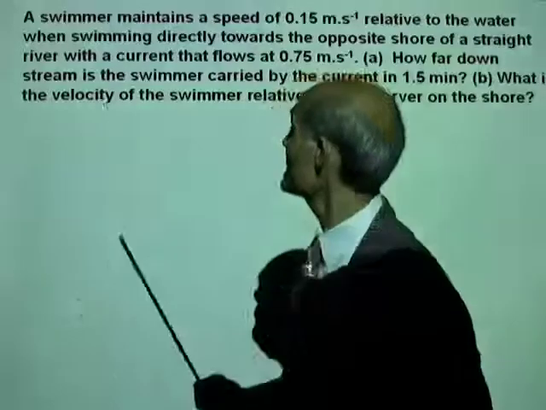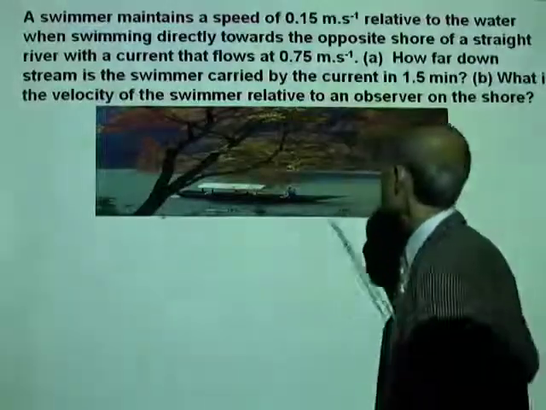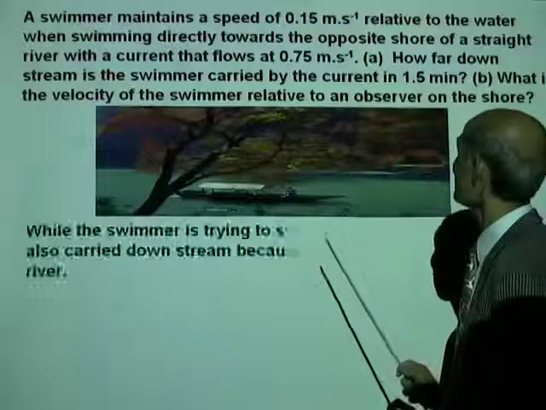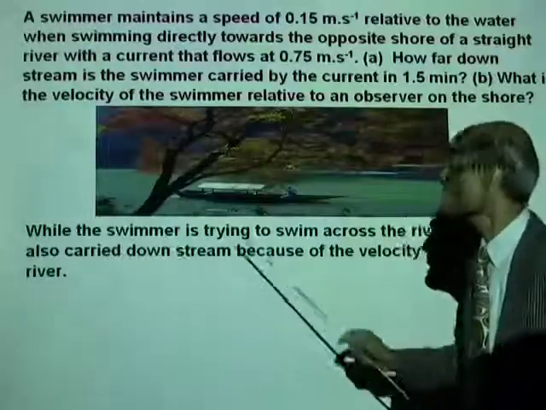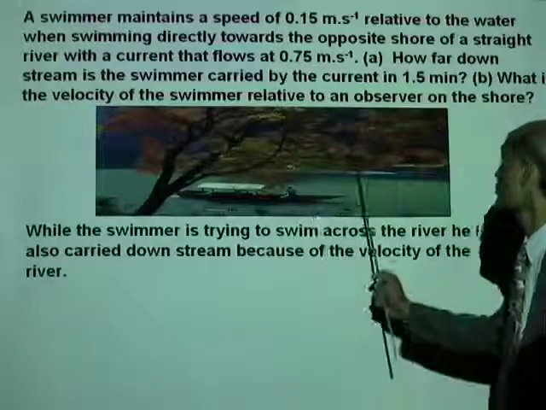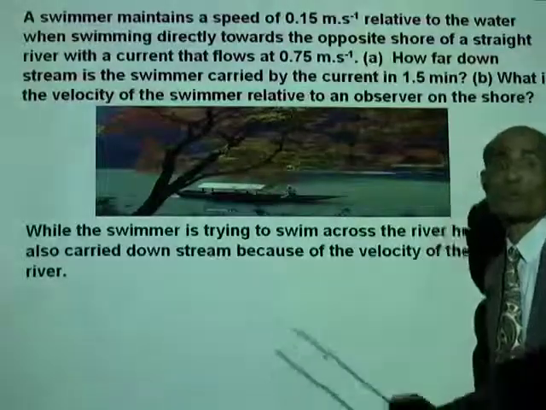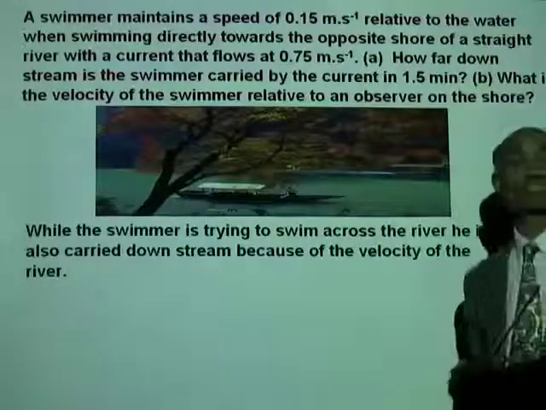Okay, let's set it up. Here is the river and the swimmer is trying to cross the river. While the swimmer is trying to swim across the river, he is also carried downstream because of the velocity of the river.